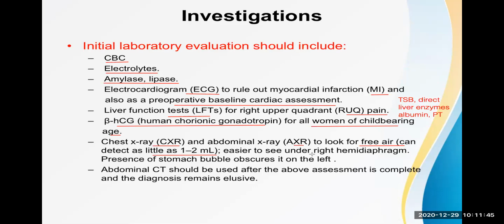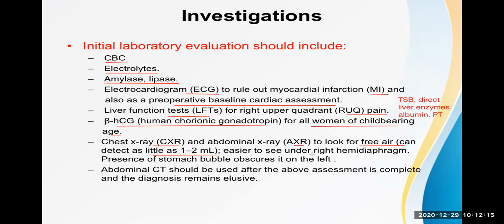Now, one small question here. How do the gases reach there? What is the source of that gas? From where does it come? Perforated viscus in many cases, sir. Exactly. It is because of perforation. So from today onwards, please have this concept in your mind: if you see free air under the diaphragm, this is a case of perforation of the GI tract.